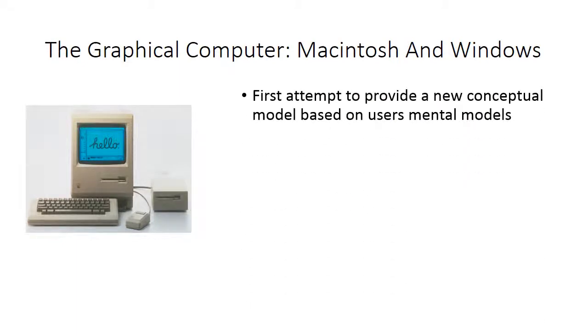Okay? And so this was the first attempt to really design a conceptual model for a whole system based on users' mental models. Now, of course, those mental models had evolved over the years, and by 1985, most users had some ideas of how computers worked.